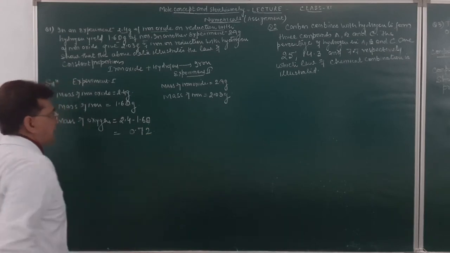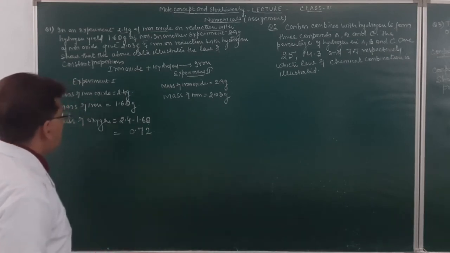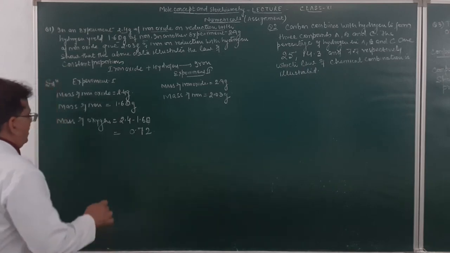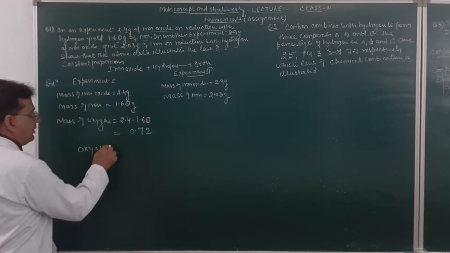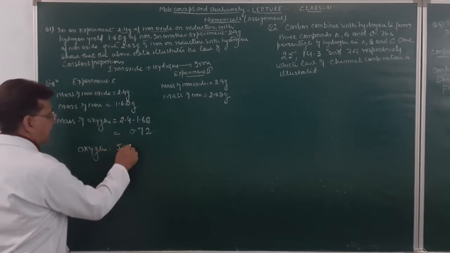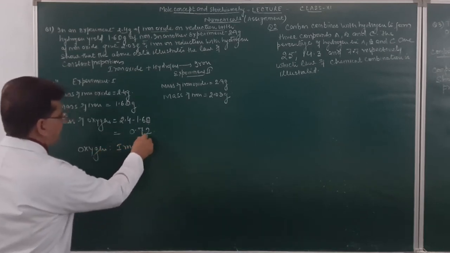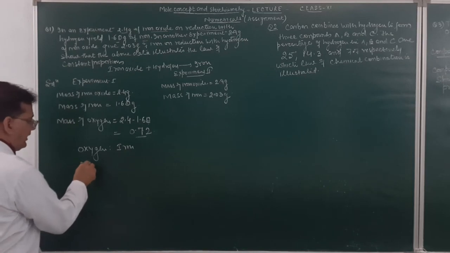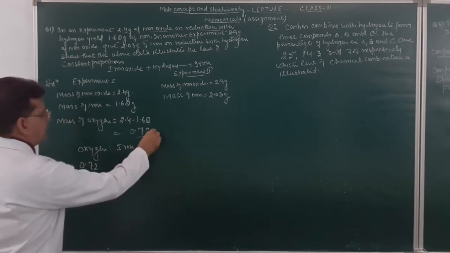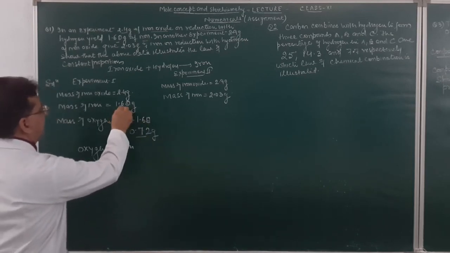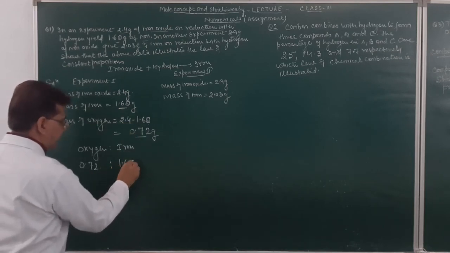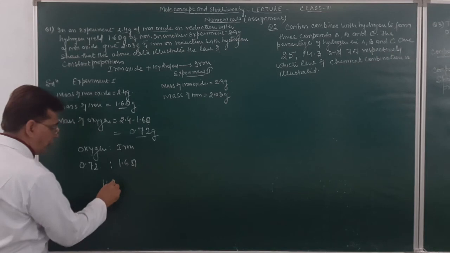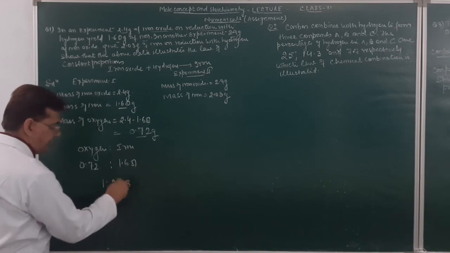You may check it out, student. Yes. Now, if I find out the ratio between oxygen and the mass of iron, what is the mass of oxygen over here? 0.72 gram. What is the mass of iron over here? 1.68. The ratio will come to be 1:2.33.